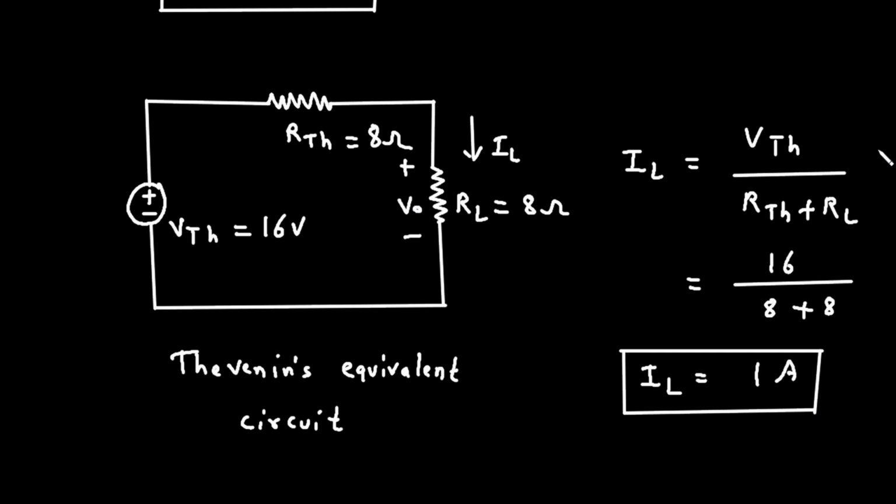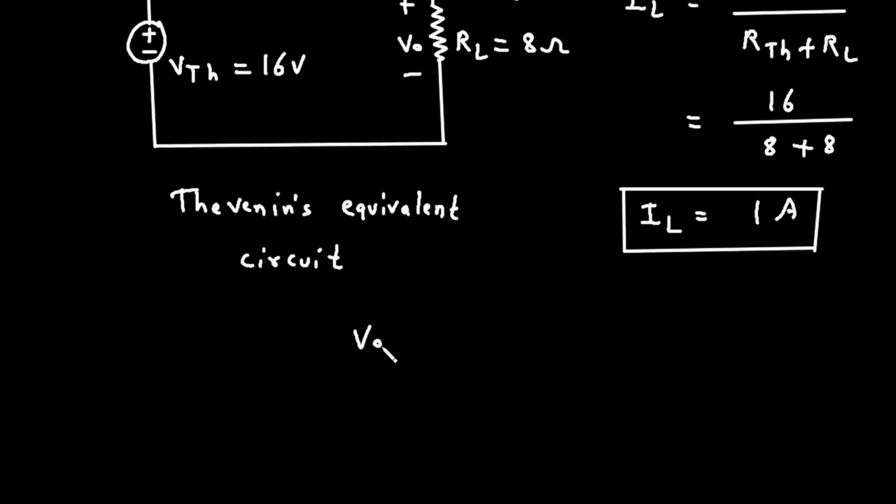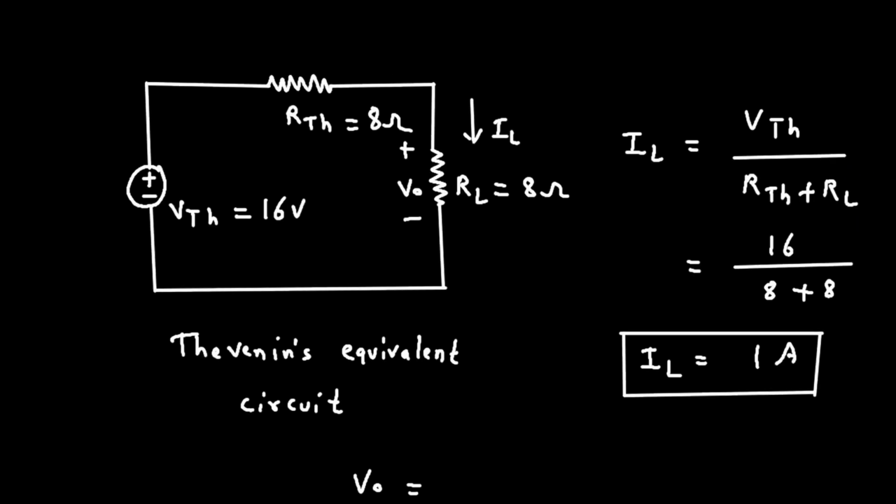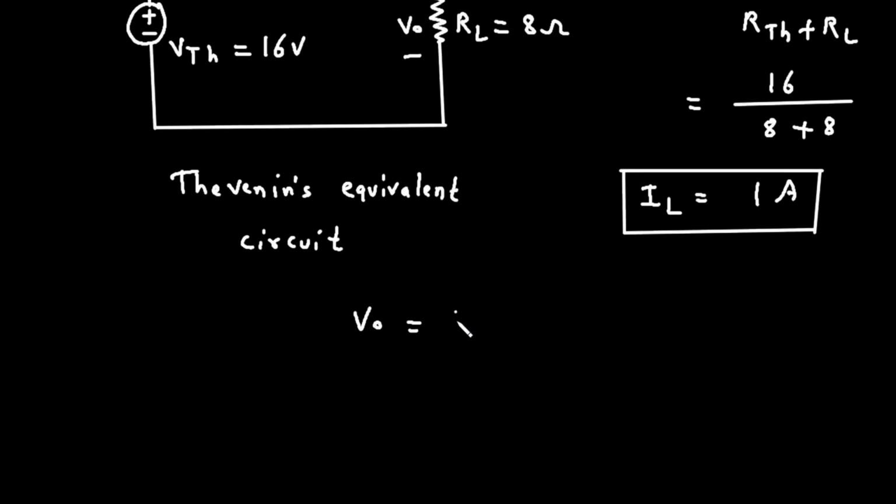Now VO is equal to RL into IL. We have to multiply current and resistance to get the value of voltage. So VO is equal to RL value is 8 ohm and IL value is 1 ampere. So therefore VO is equal to 8 volt.